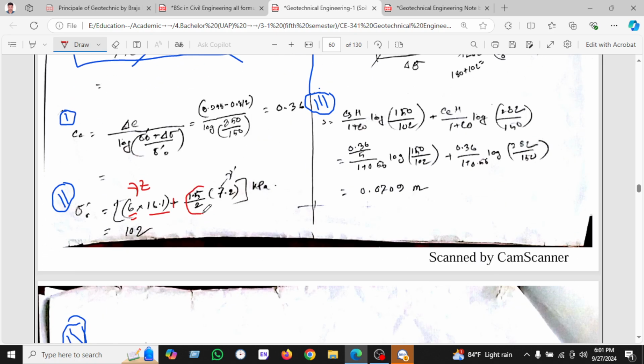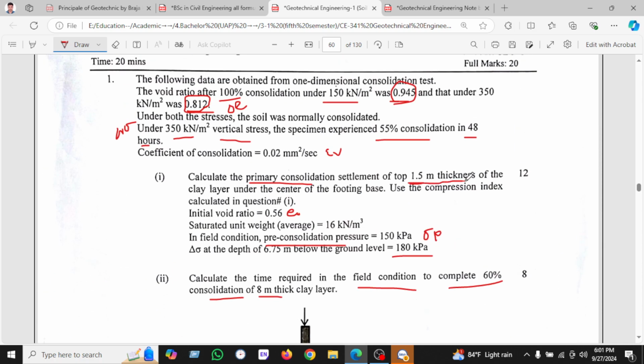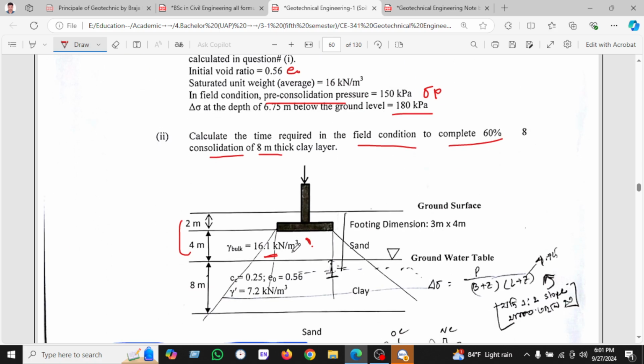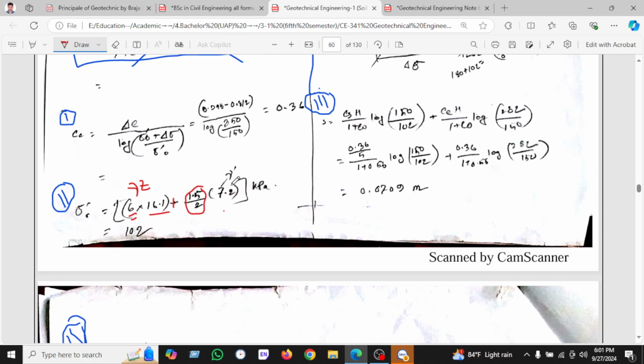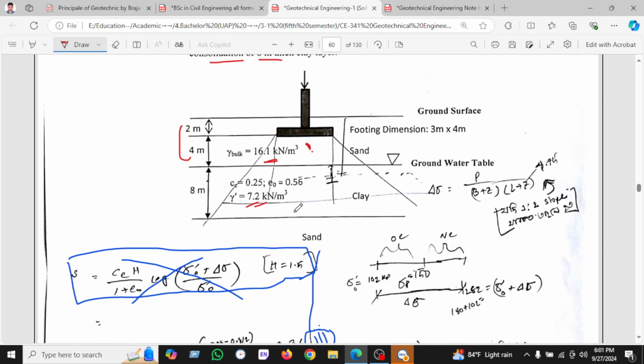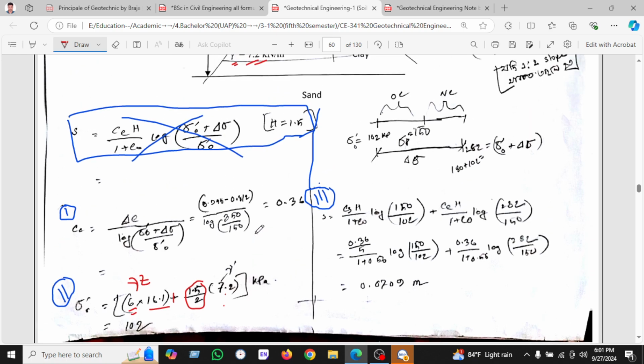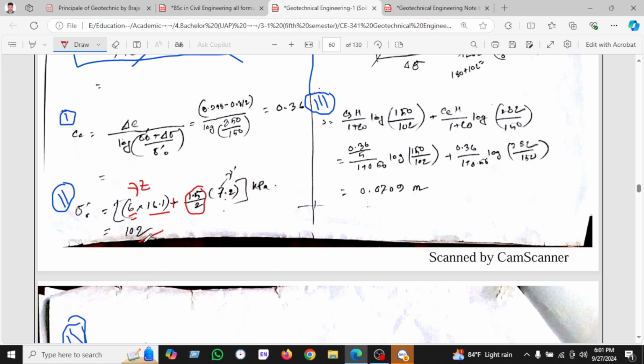Why will we use 1.5? Because the thickness given in the question is 1.5, so it will be the middle of the thickness, and gamma is given as 72.5. This 72.5 is effective, that's why we will not deduct the water pressure. So we have found 102.